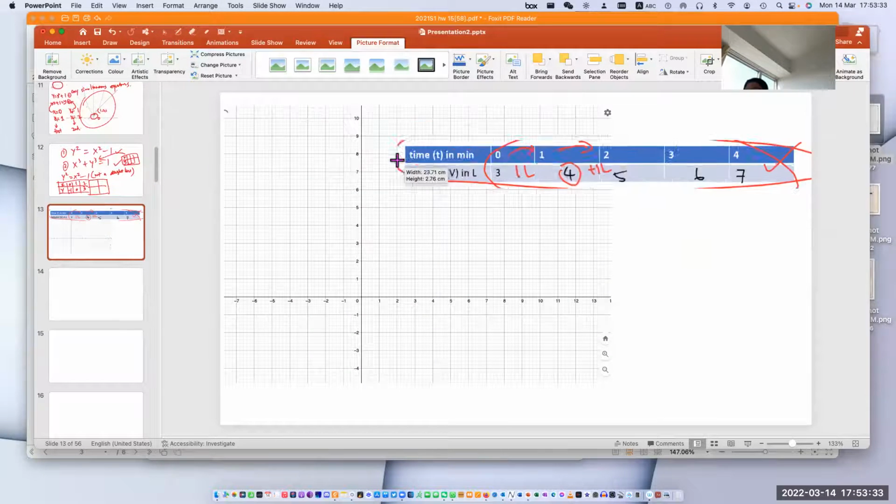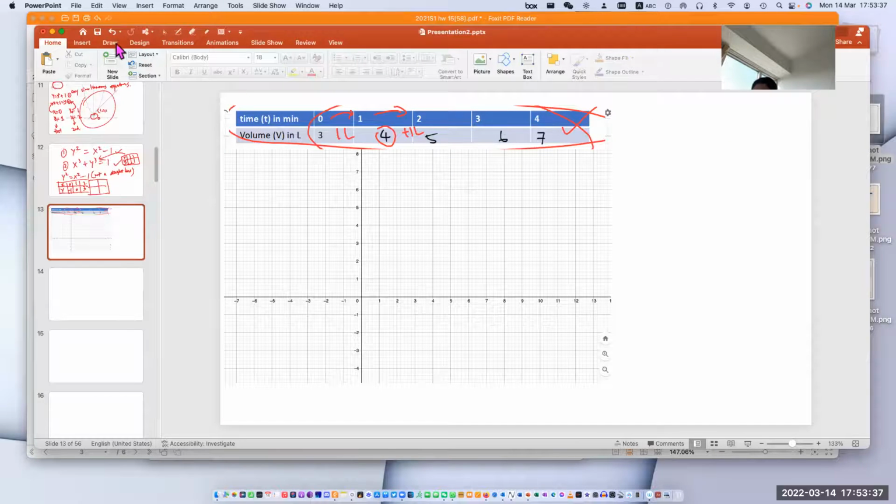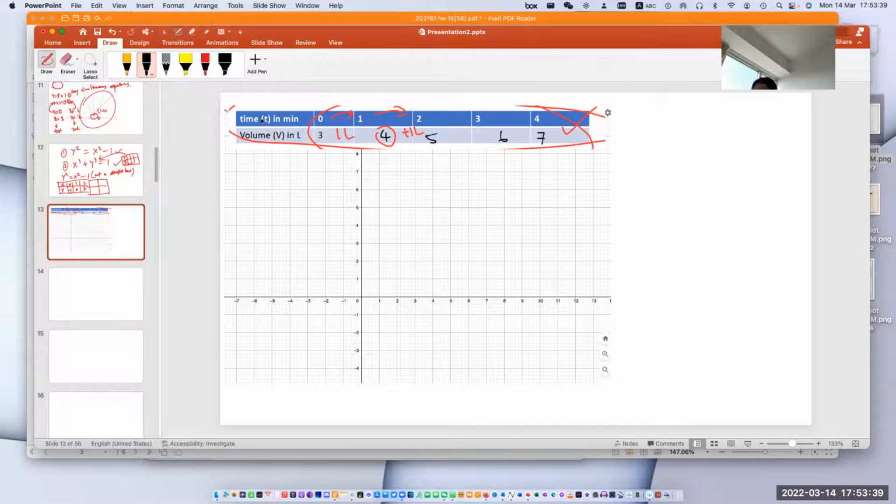Something is different in this case. The time t in minutes. So basically, this is your time. This is t and not x, because they are talking about time already. So the unit is minute. And the y-axis, I mean the vertical axis, is no longer y, it's volume. So I put a v, and then the unit is L. That's how you label.